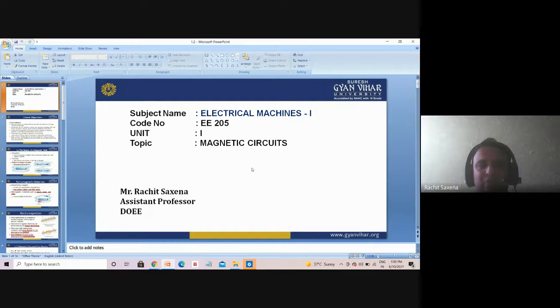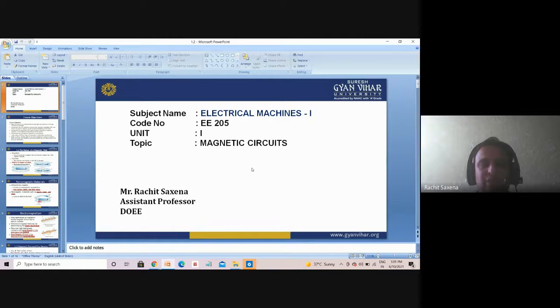Electromechanical energy conversion takes part in two types of machine, generator and motor. Generator converts mechanical power into electrical power, and motor converts electrical power into mechanical power. If we want to lift or move something, we need a motor.